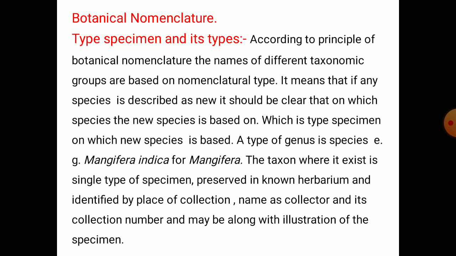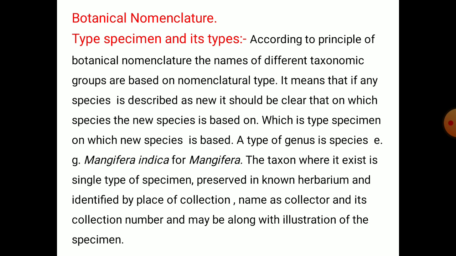The single type specimen is preserved in a herbarium, and identified by place of collection, name of the collector, and its collection number, maybe along with an illustration of the specimen. While describing the new species, all this information should accompany it.